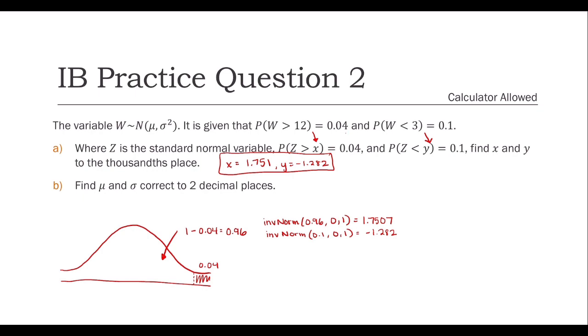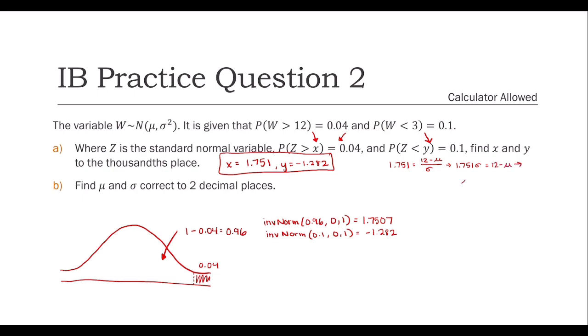Then part B says find mu and sigma correct to 2 decimal places. So for this first part, our z-score is 1.751. That equals our x value, or in this case, it's our w, which is 12, minus mu over our standard deviation. So 1.751 times the standard deviation equals 12 minus mu.